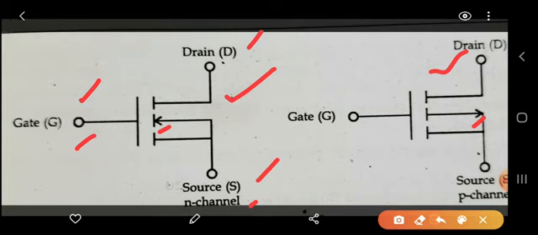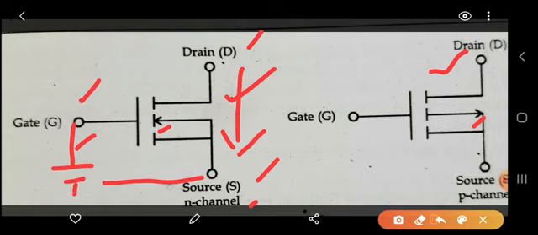The current flows from drain to source and a very small amount of current flows from gate to source. I will show you: the current starts flowing like this, and it can be controlled with the help of the voltage connection between gate and source, which is used to control the flow of the current.